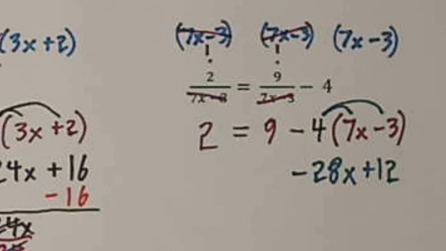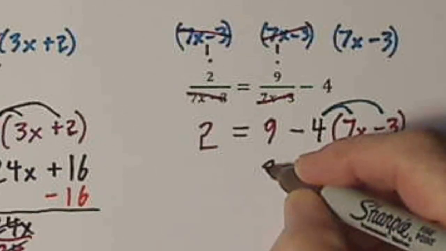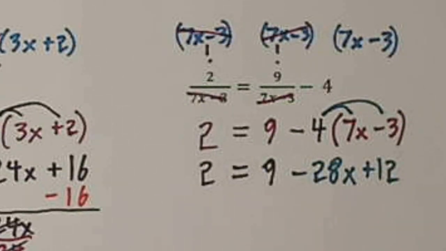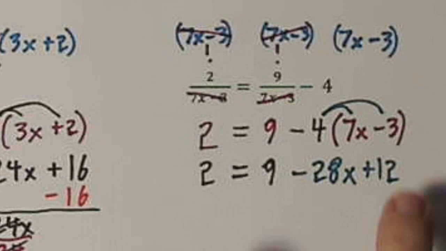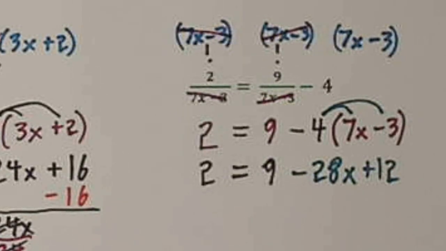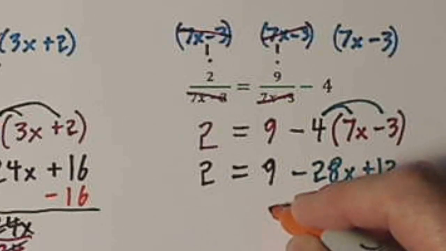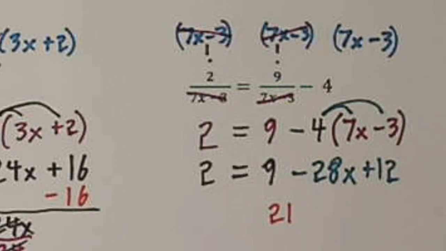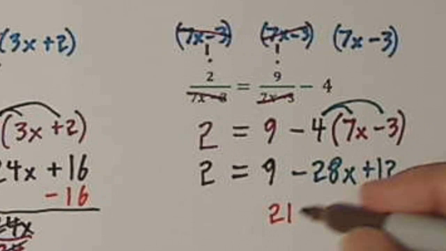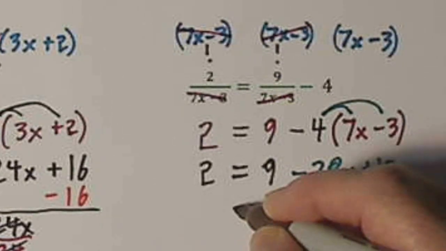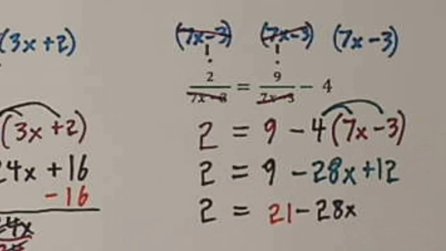And what else do we have here? Here's our 9. All right, let's combine these two terms. 9 and 12, 21. So it's 21. Bring down our minus 28x. Bring down the 2.